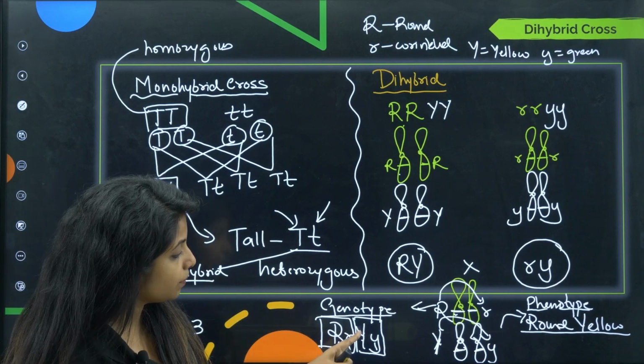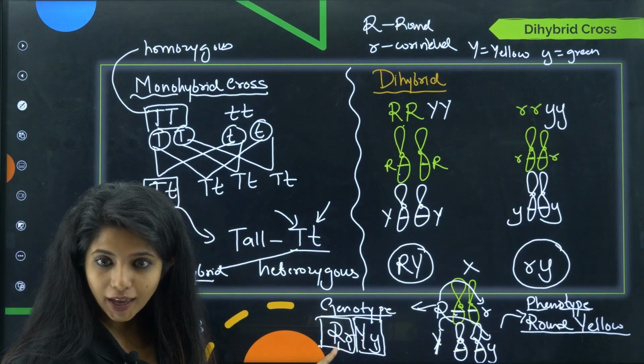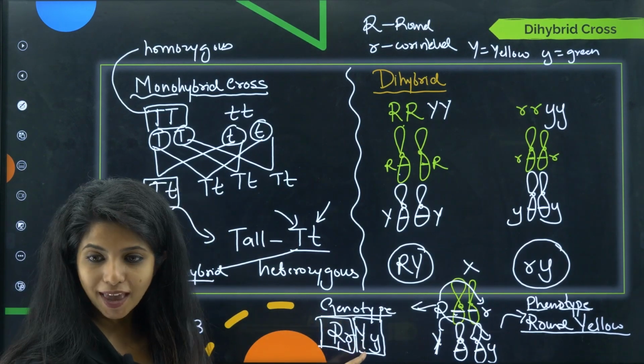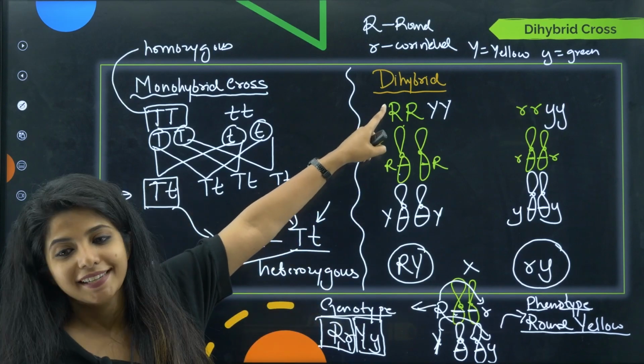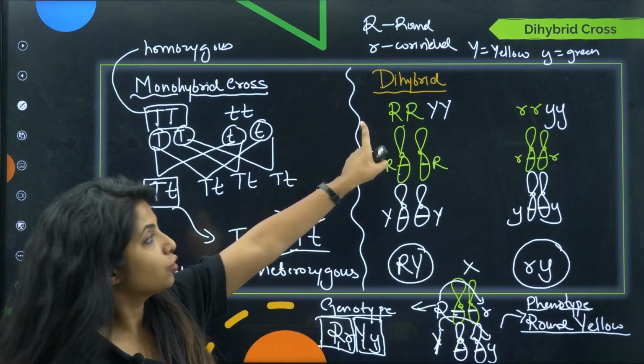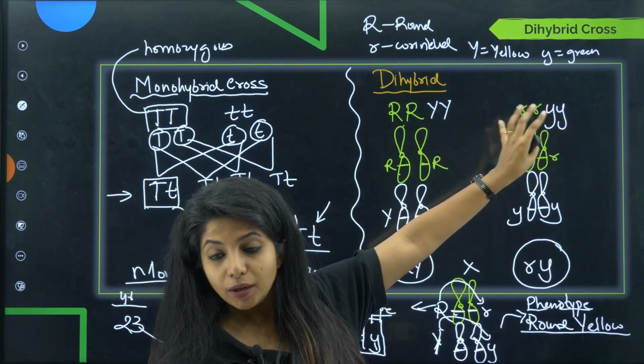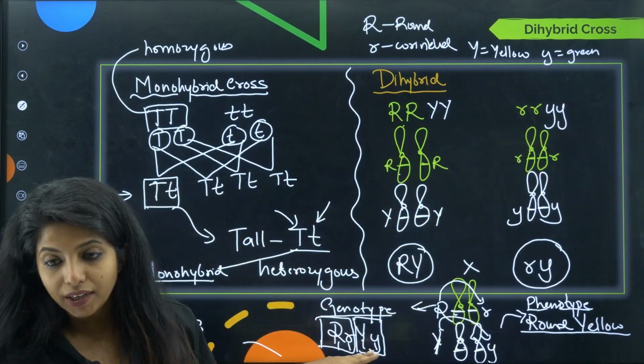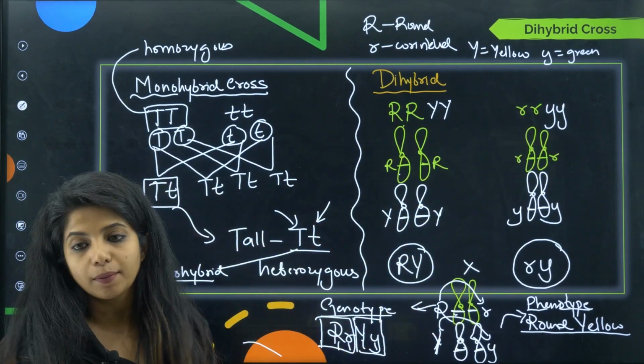Now over here there are two characters and both of them are heterozygotes. So can I call them dihybrids? Yes. The parents are not dihybrids, they are pure breeding. The product that you get in the F1 generation is the dihybrid, children.